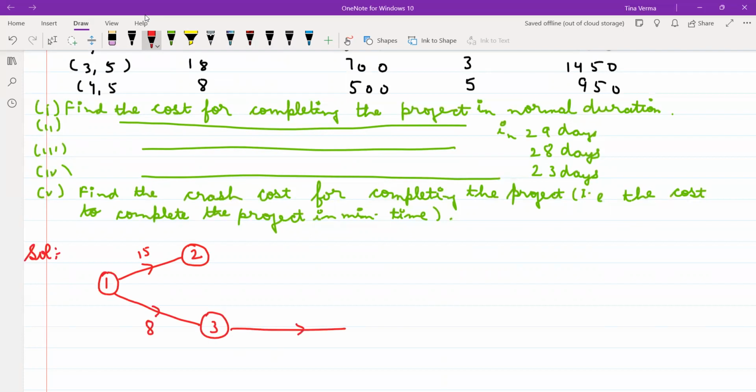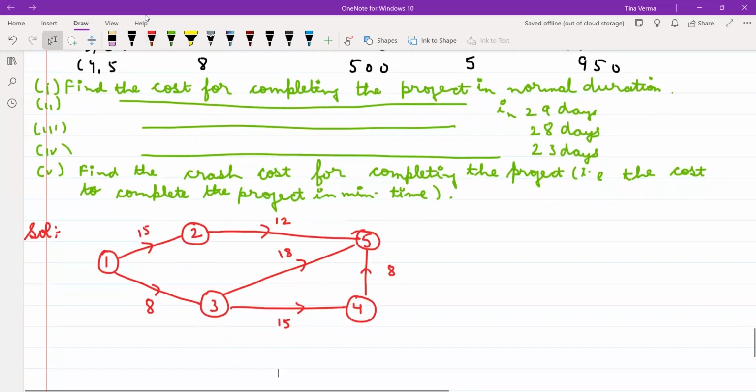The third activity is going to 4 with duration 15. The third activity is going to 5 with duration 18 days. The fourth activity is going to 5, it is 8 days. And the second activity is going to your fifth activity, and the duration is your 12 days. Is it clear? Now this is your normal duration.